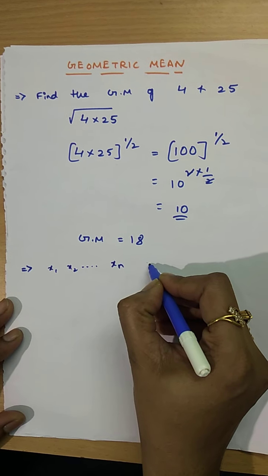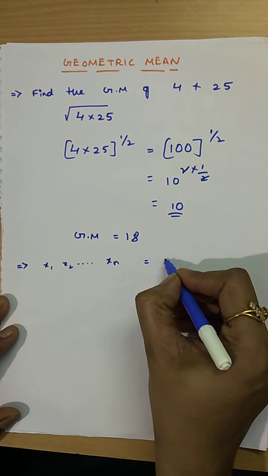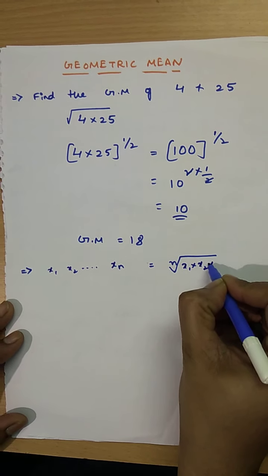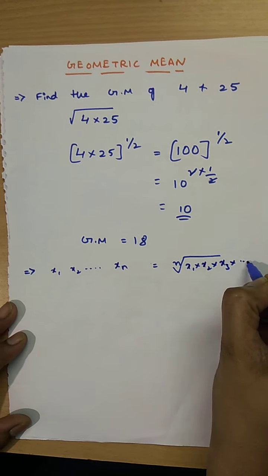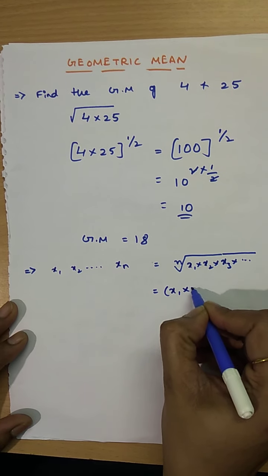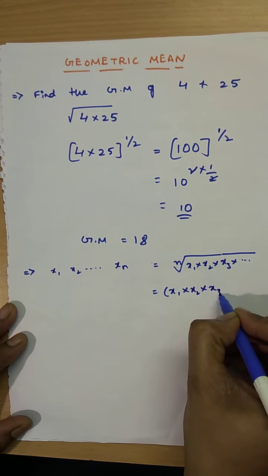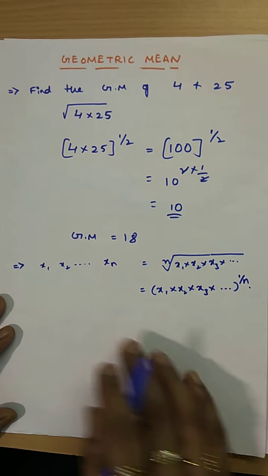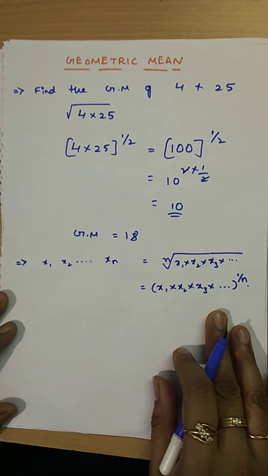To find the geometric mean, the formula is the nth root of x1 into x2 into x3 into x4 and so on, which is equal to (x1 into x2 into x3 into x4 and so on) whole power 1 by n. This is the formula for geometric mean.